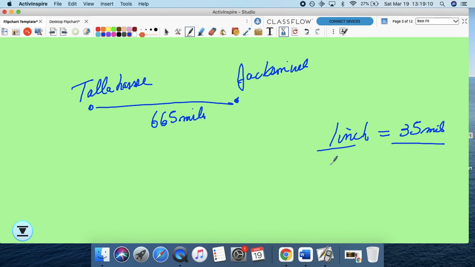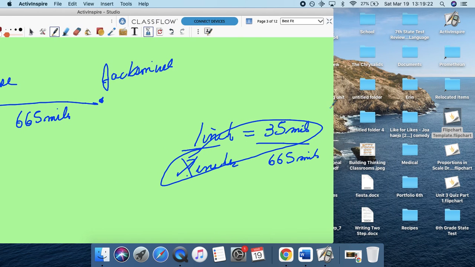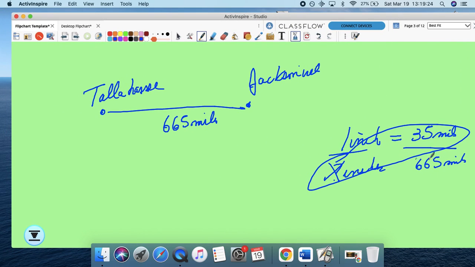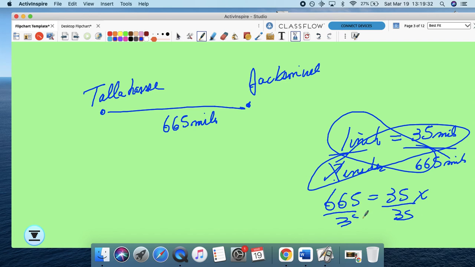On the map, how many inches equals 665 miles? We call this x. Cross multiply. You get 665 equals 35x. Divide both sides by 35. x equals 19. So on the map, 665 miles is 19 inches.